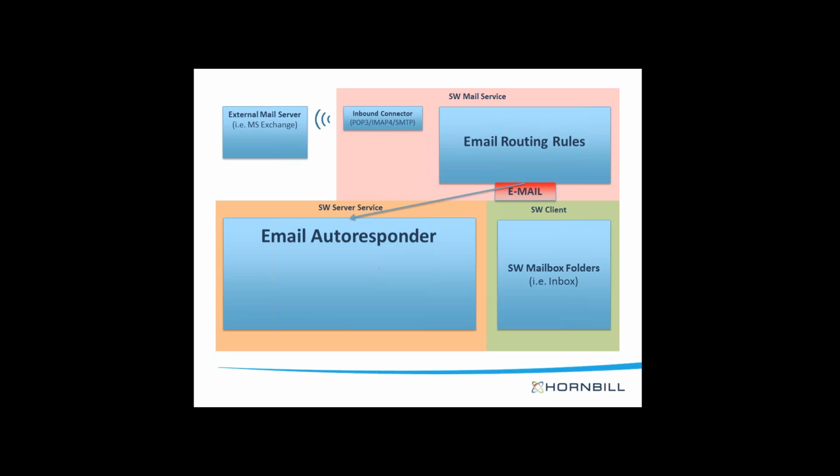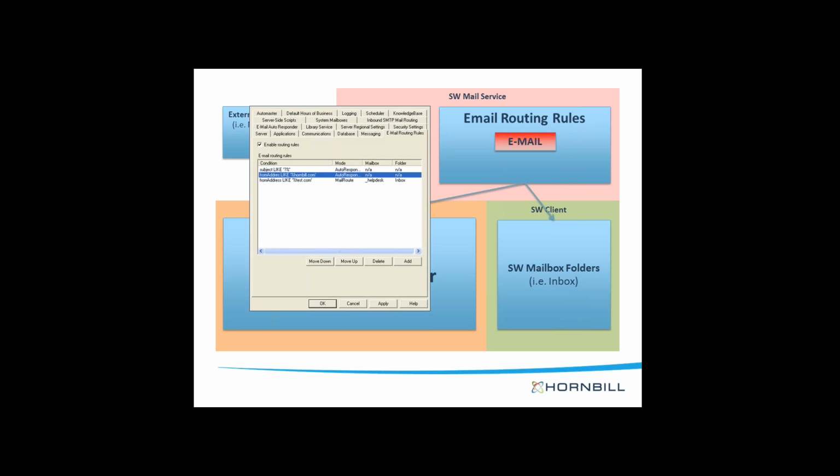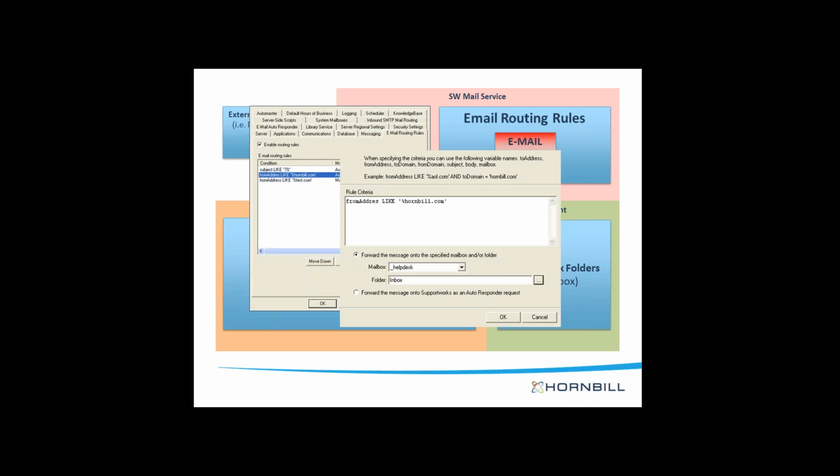Alternatively, the email can also be forwarded to a mailbox folder without being processed by the autoresponder. In this case, we have a rule criteria, and instead of specifying to be forwarded to the autoresponder, we can say, I don't want it processed by that, I want to forward that message to my mailbox, and I'll process it there manually.